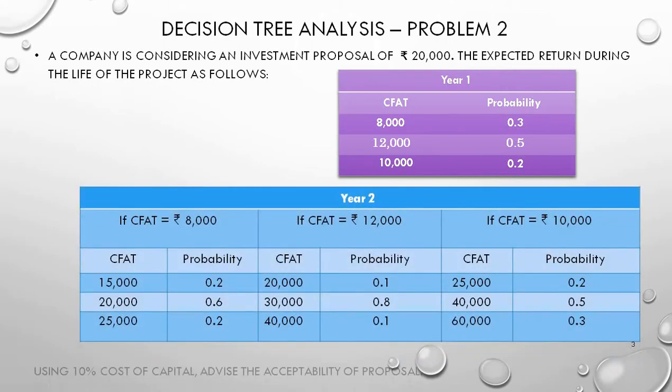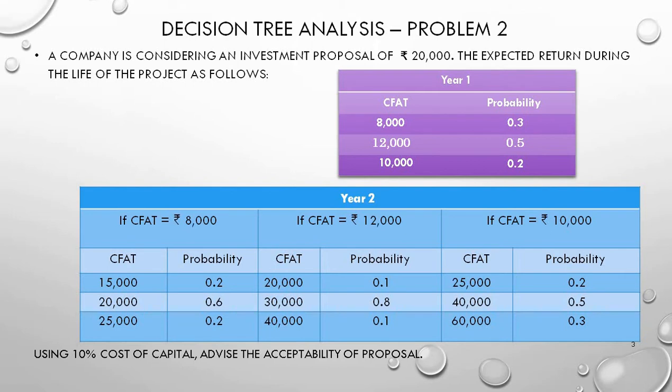Year 2, if cash flow after tax 8,000 is taken as base, the assumed cash flows will be 15,000 with probability 0.2, 20,000 with probability 0.6, 25,000 with probability 0.2. If cash flow 12,000 is taken as base, cash flow 20,000 with probability 0.1, 30,000 with probability 0.8, 40,000 with probability 0.1.